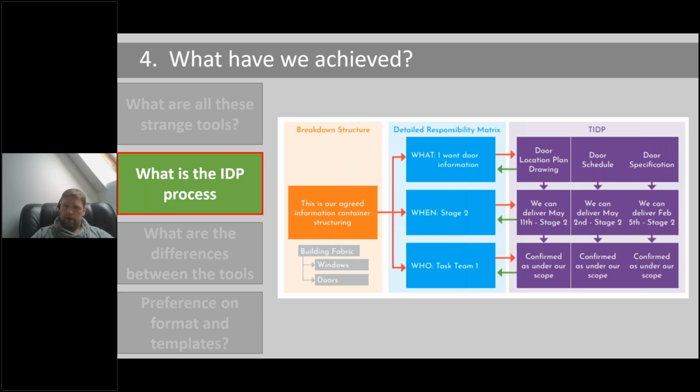So, if you're a main contractor and you've got probably several dozen consultant subcontractors, you've got to say, designer A, you're responsible for this element, designer B, you're responsible for that. And then where there's interfaces, you've got to agree that as well, who's responsible for making sure that interface is resolved.